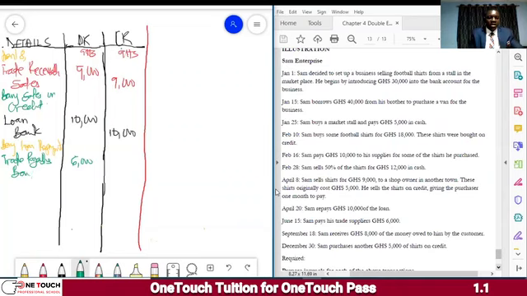Then our bank account will reduce also by 6,000. So being payment to suppliers. Okay, good.